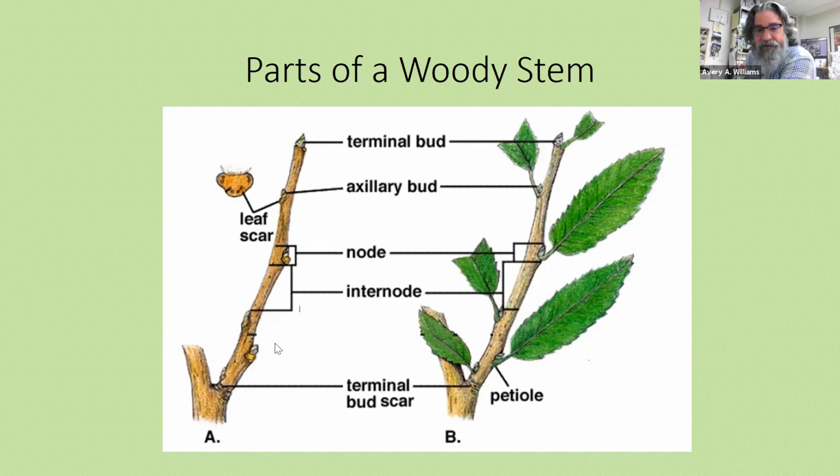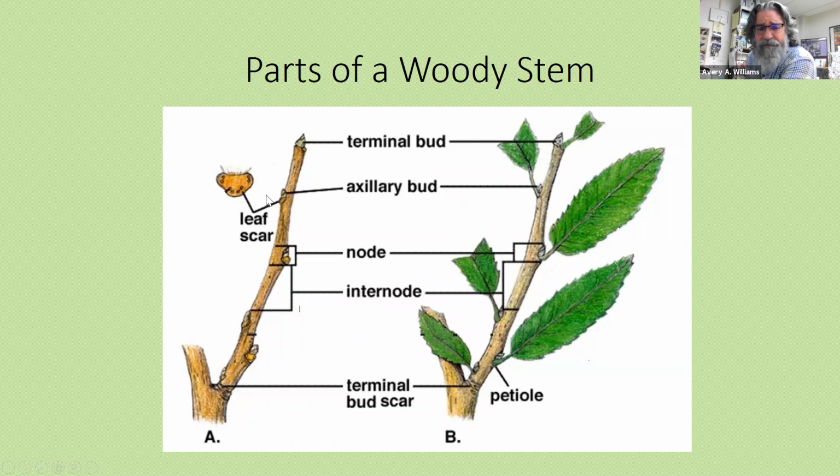There are no leaves because it's a deciduous plant and the leaves fell off. You learn parts of the stem, okay? Remember I said before where the leaf used to attach, it looks like a little face right there. That's the scar left behind from where the leaf was attached. It's a leaf scar. And above that, you can see where the new leaf is going to be emerging.